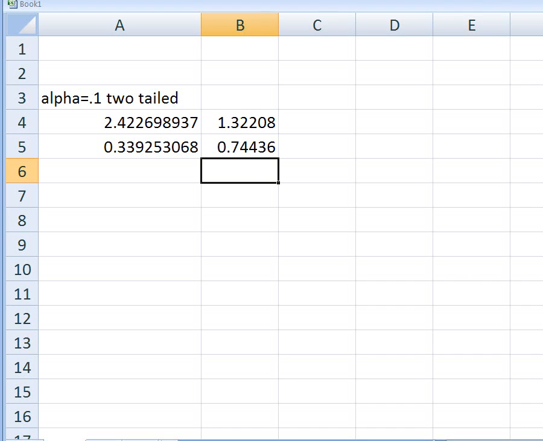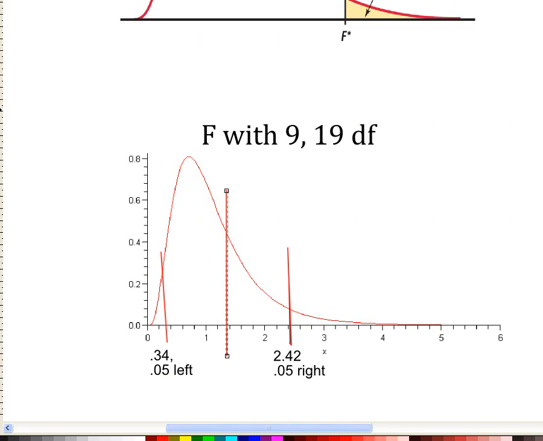So let's go to our graph and change those. Now with our critical values changed to 0.74 instead of 0.34, and over here to 1.32 instead of 2.42. We have to ignore this x-axis here because that's going to be wrong, but you can just draw a different picture freehand at home.